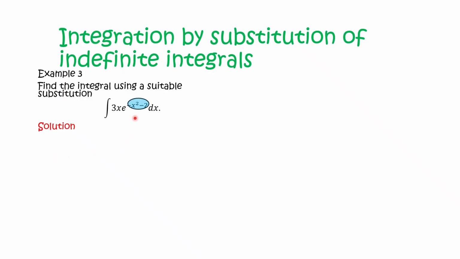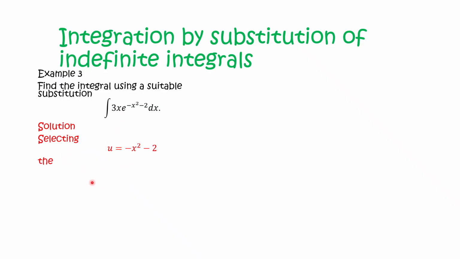So for the solution, we can see from the integral here that we can actually select minus x squared minus 2, because once we differentiate that, we are going to have x terms that can cancel out with the x that is next to the 3. So that might actually be the best substitution to make.